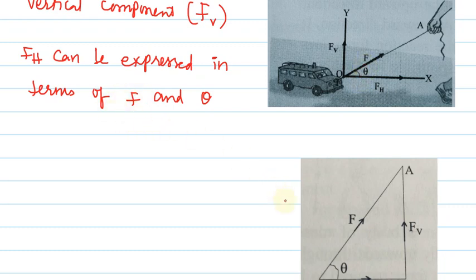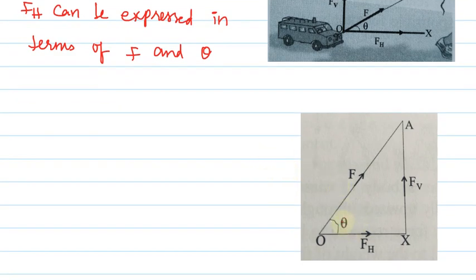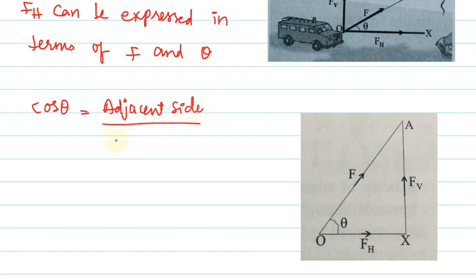So let us use cos theta here. We know that from the definition, cos theta is nothing but the adjacent side by the hypotenuse. Theta is this, and this is the opposite side. This is the adjacent side, and this is the hypotenuse. OX is the adjacent side, XA is the opposite side, OA is the hypotenuse, right? From the figure, we can write cos theta is equal to adjacent side upon hypotenuse.